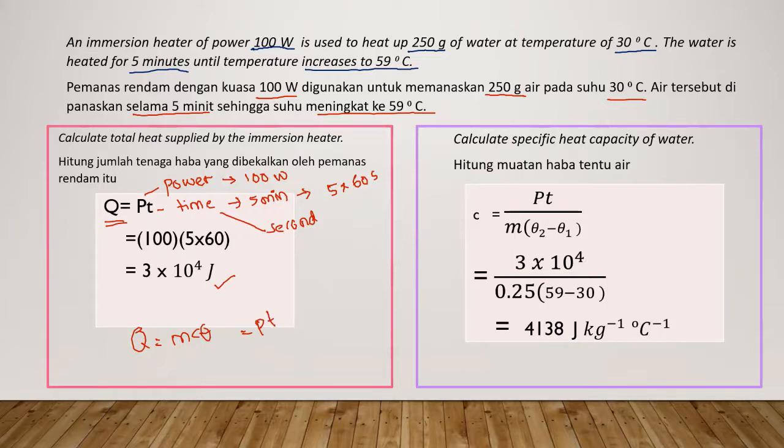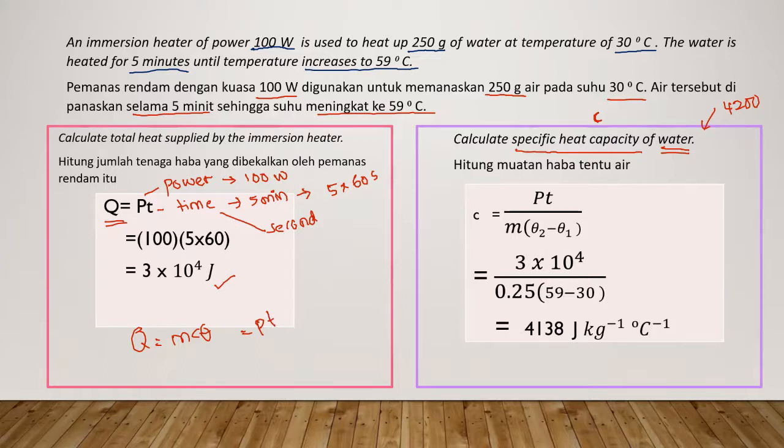So for the next question, calculate specific heat capacity C of water. Kita tahu water ini ialah 4200 dia punya nilai ni, tapi kita kena carilah.